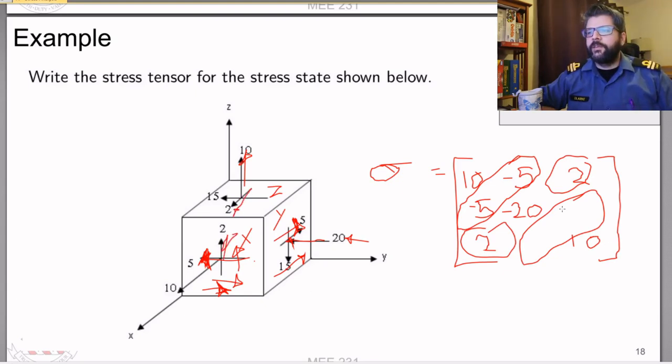The only one we're missing is our tau zy, or our tau yz, whichever one we want to find first. So we've got our z face, y direction. That's -15 because that one's on our front z face, but pointed away from the positive y direction. So -15 there. And again, those need to be equal. We'll talk about that in a second. That's what we get for filling in our stress tensor there.